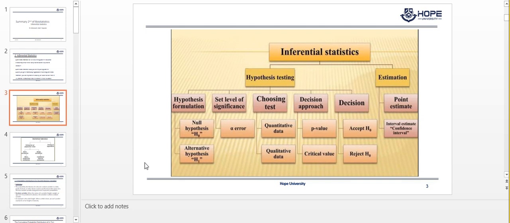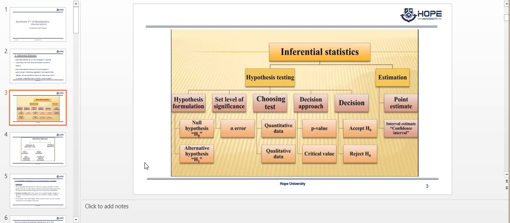So the classification in inferential statistics could be hypothesis testing or estimation based. Estimation includes point estimation and interval estimation, like the confidence interval. In hypothesis testing, we should explain how to formulate our hypothesis, set up our level of significance, choose our test, and use a decision approach.